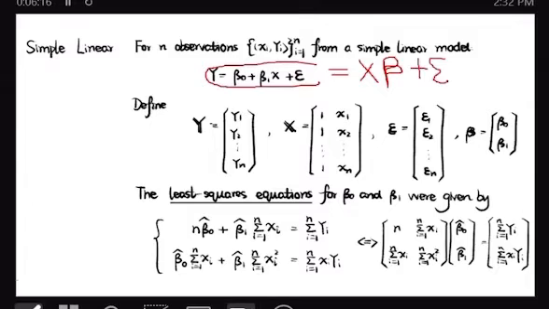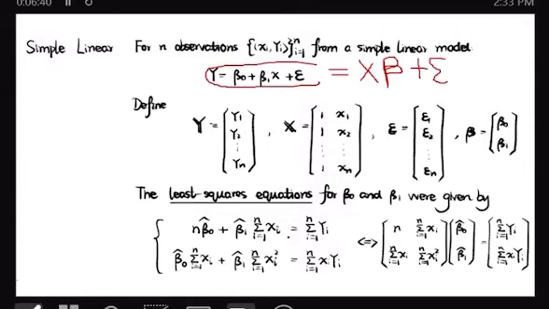This is the matrix specification of the linear regression model. The very first one is the scalar specification. And of course, I've shown you Y is n by 1, and you can see the design matrix X, the vector for the error, and the vector for the parameters.